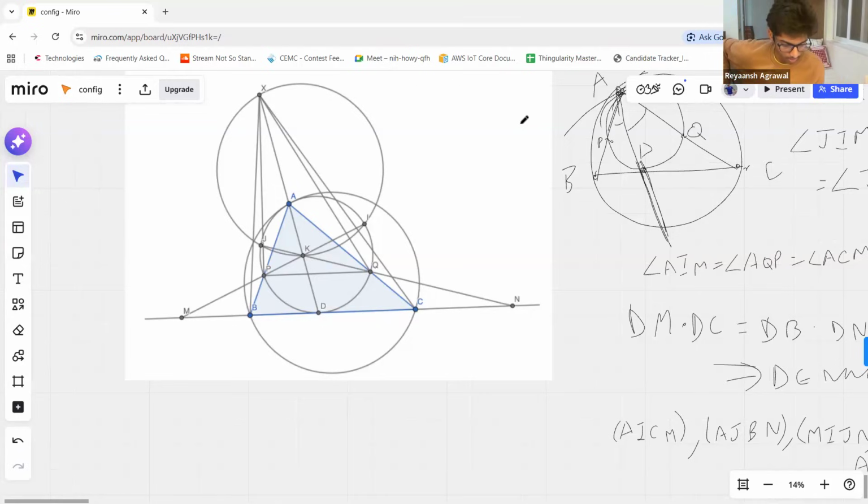So what quadrilaterals look cyclic here, using X and D? XJDN and XIDM. Sure. And why are they cyclic?